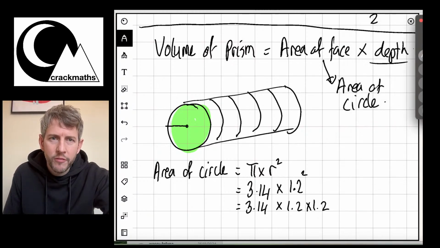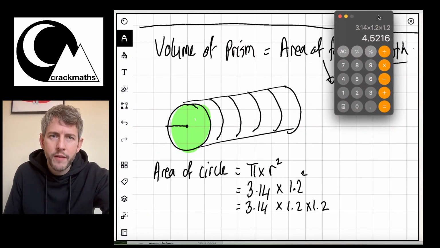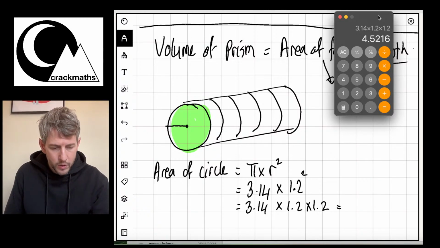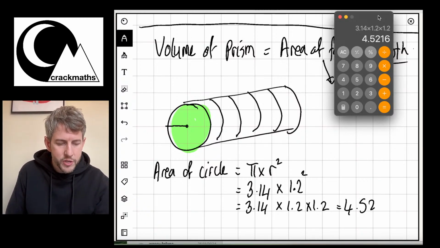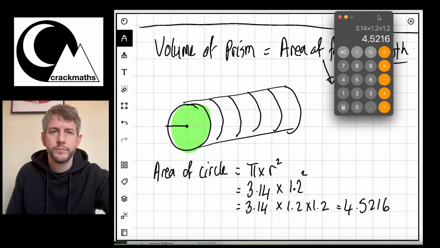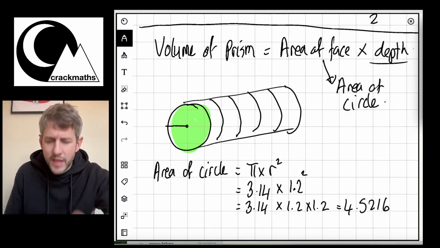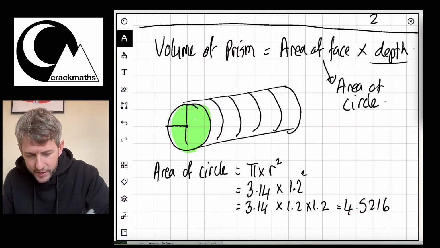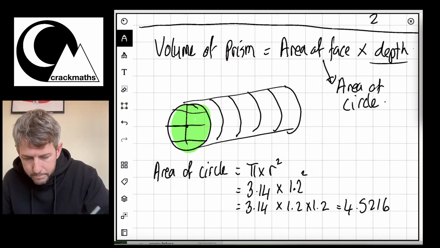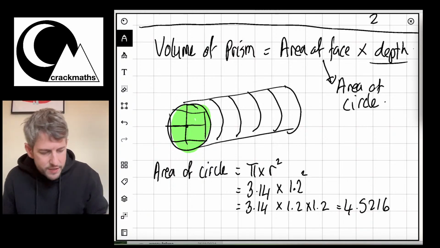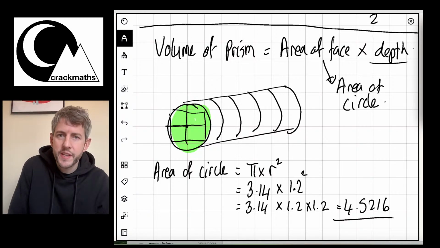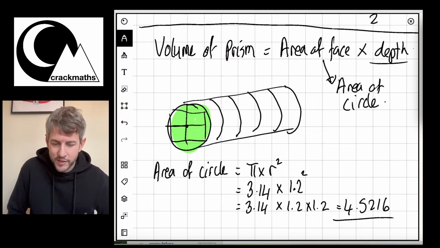So I'm just going to move that off my screen. That equals 4.5216. Okay? So that means if I was to divide this front section into squares, there's 4.5216 squares in that front section.